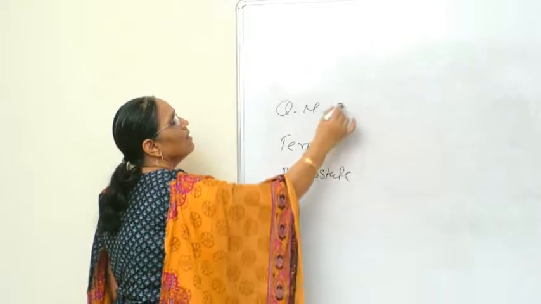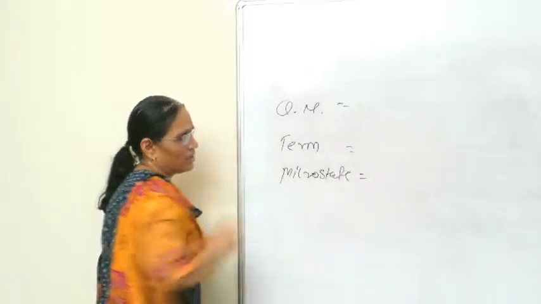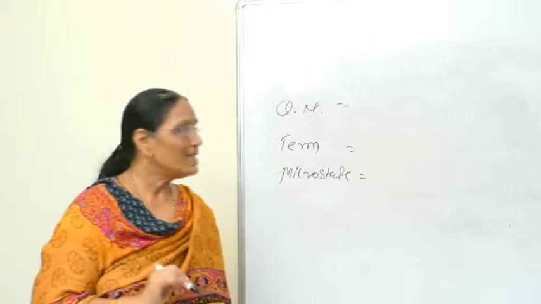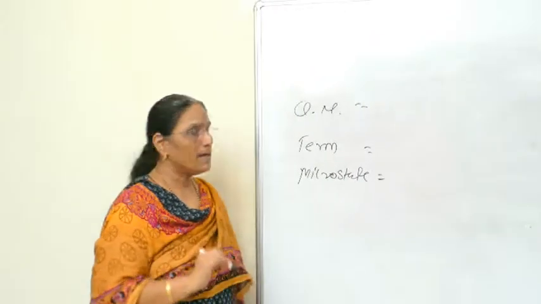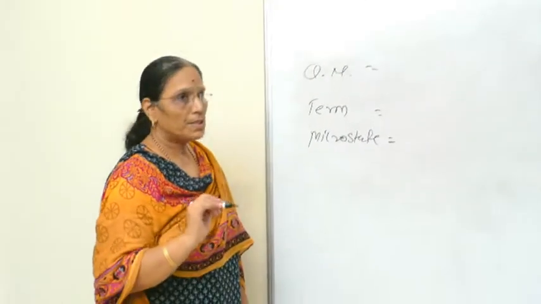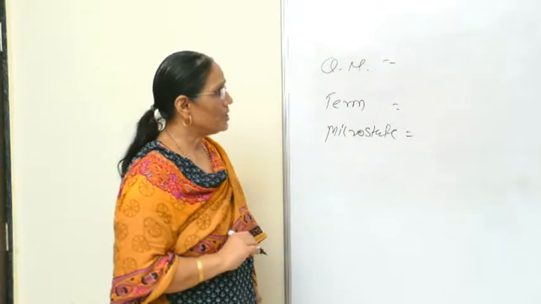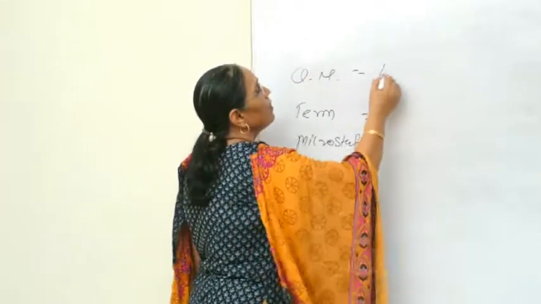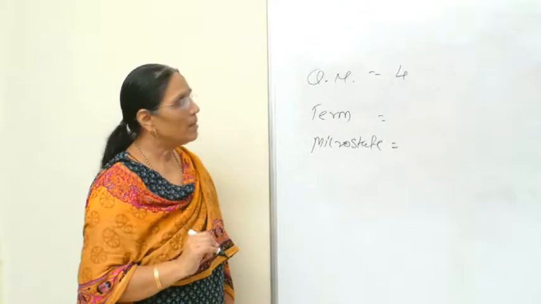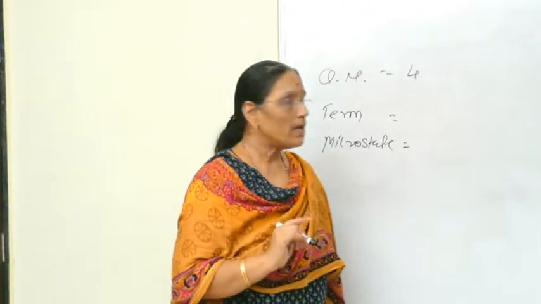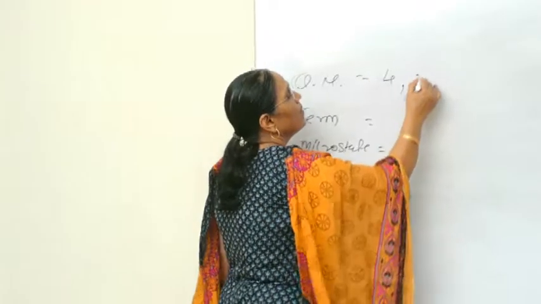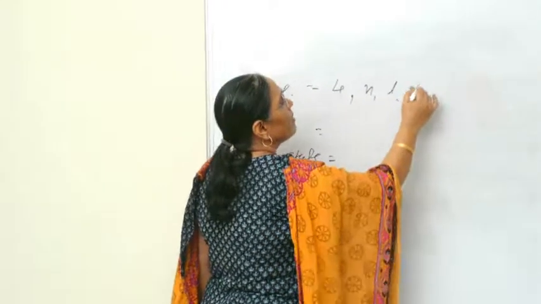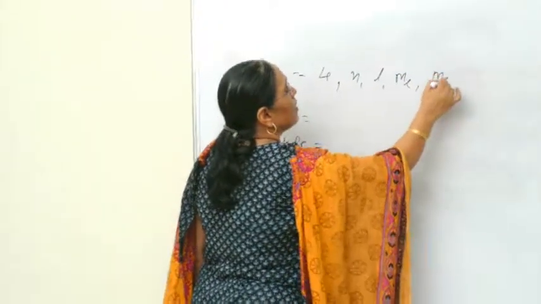Quantum numbers are the numbers which are used to designate the electron in an atom with respect to its energy and location, and there are 4 quantum numbers: principal quantum number, orbital or azimuthal quantum number, magnetic quantum number, and spin quantum number.